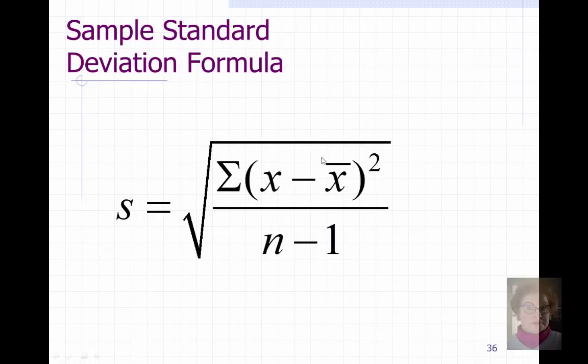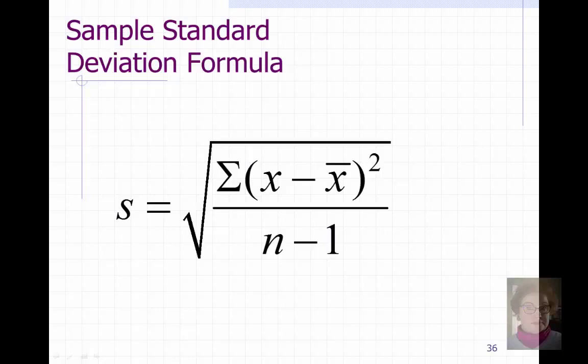Once you do that for all your data points, then you're going to square each one. Once you square them, then you add those all up. You're going to divide that sum by the number in the sample minus 1. And lastly, you're going to take the square root of that calculation.